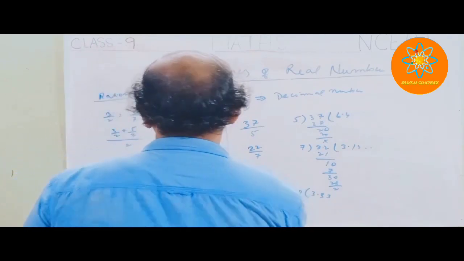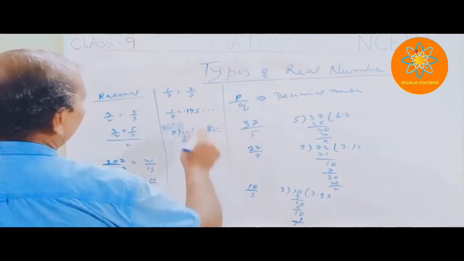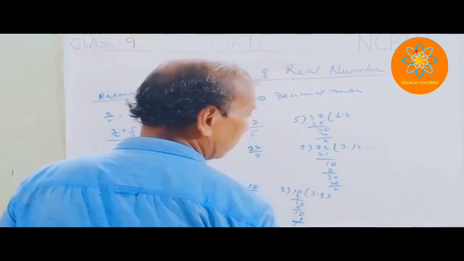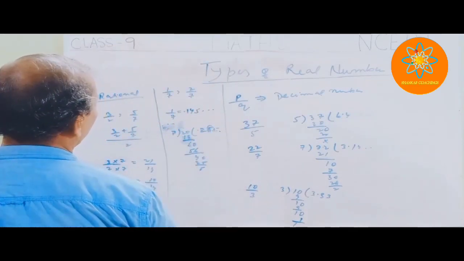So this is your case of 0.85. Now whatever the number in between these two, that will be the irrational number between these two.